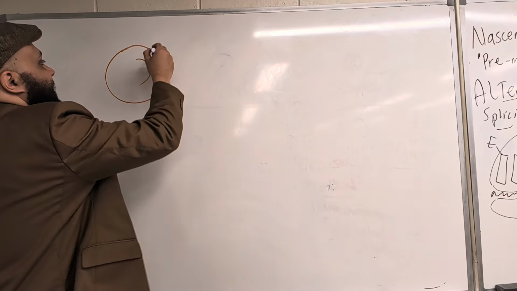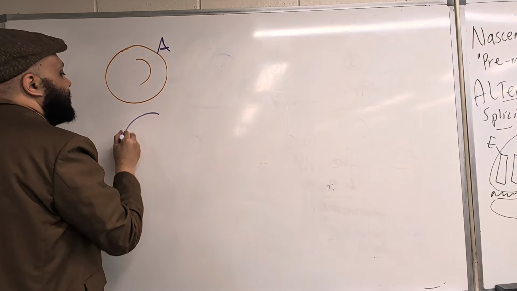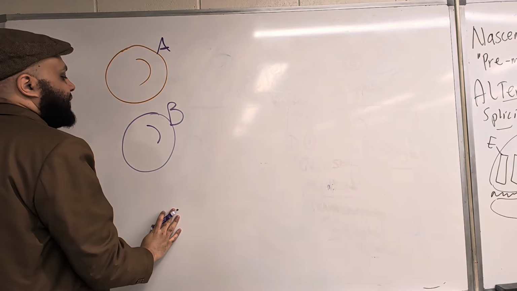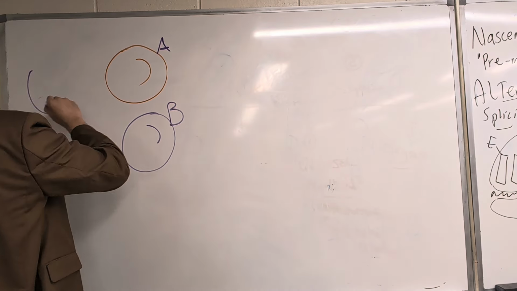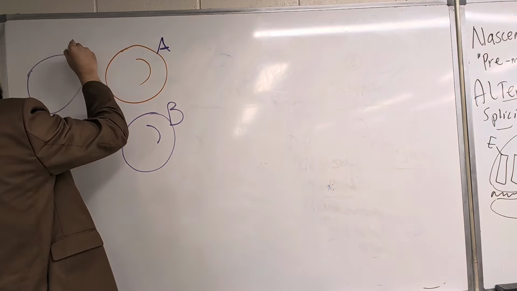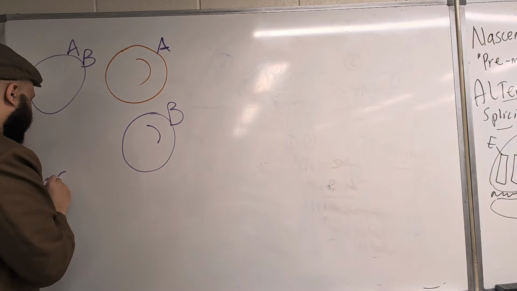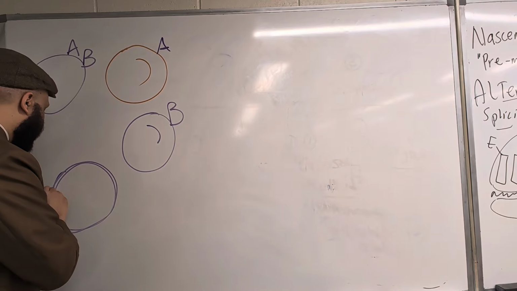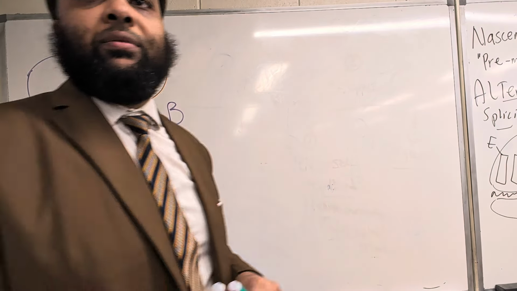Some red blood cells have A antigen on the surface. Some have B antigen on the surface. Some have A and B on the surface. And some cells have nothing. They are bare, and there is nothing on their surface.